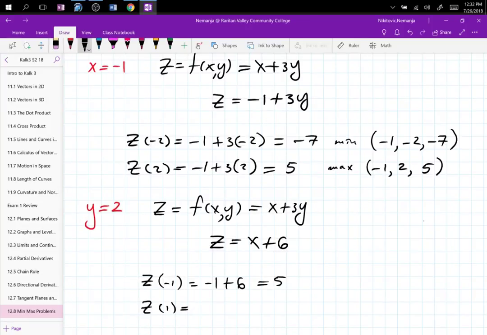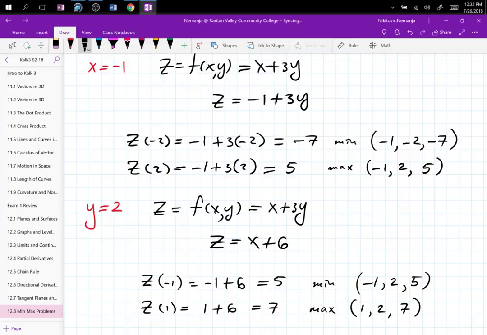And at 1 it's 1 plus 6, for a total of 7. The points are starting to repeat, because obviously those are the same corners you had before. So now this is some kind of a min for this section, and it happens at x equals -1, y equals 2, and z equals 5. And the max, which is happening at x equals 1, y equals 2, and z equals 7.